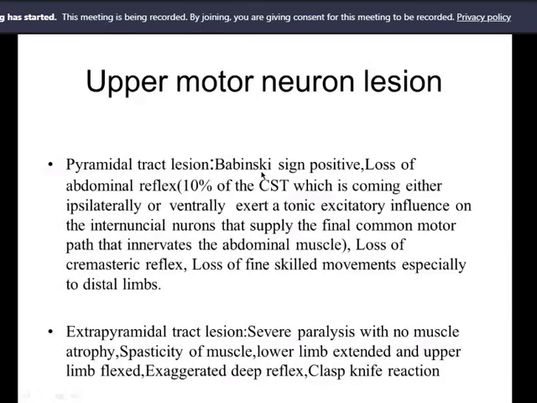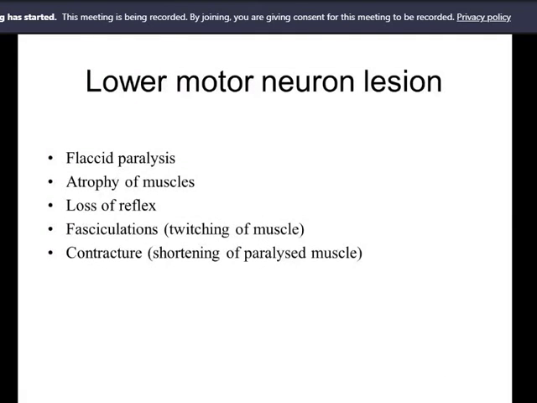Yes, sir. Now, if there is lower motor neuron lesion, I repeat, what is lower motor neuron? All the motor neurons coming out from the spinal cord, alpha motor neurons coming out from the anterior spinal cord, and the cranial nerves, they are all lower motor neurons.